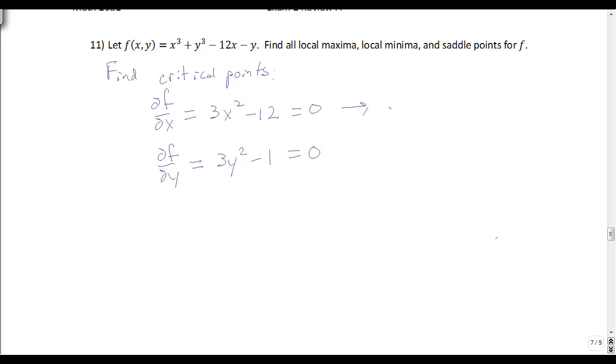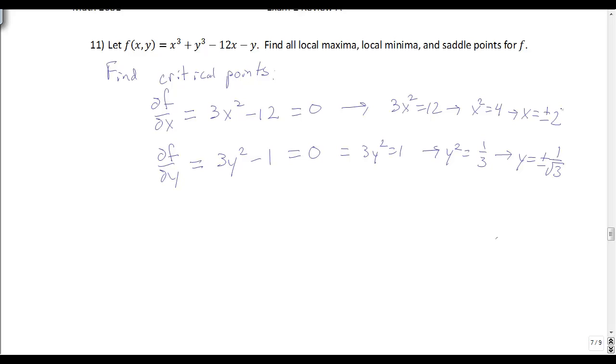This first one, I can take as 3x squared equals 12, which gives me x squared equals 4, which gives me x is either plus or minus 2. The second equation gives me 3y squared equals 1, which gives me y squared equals 1/3, which gives me y equals plus or minus 1 over square root of 3.